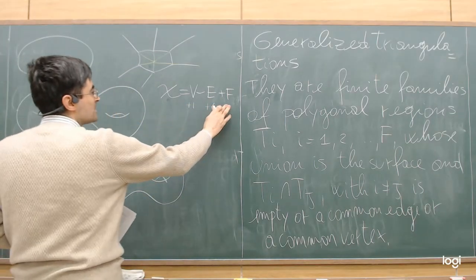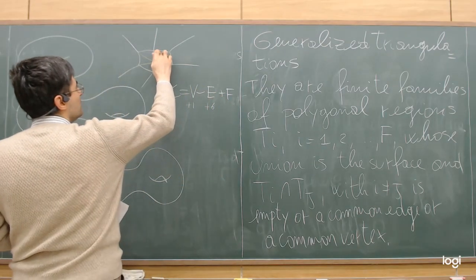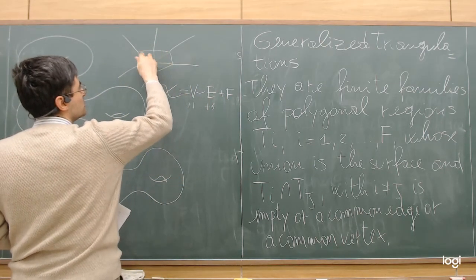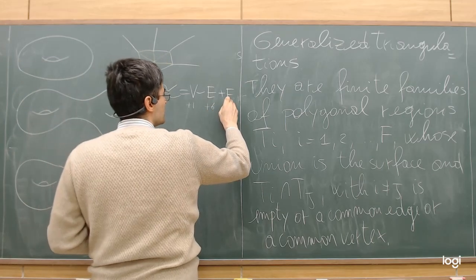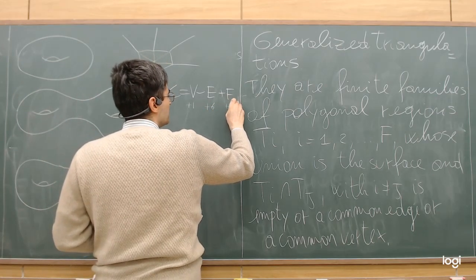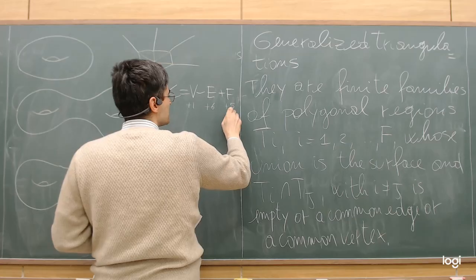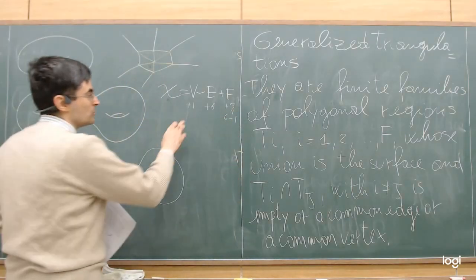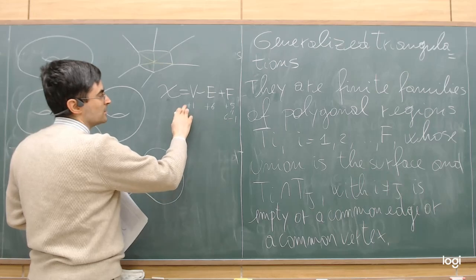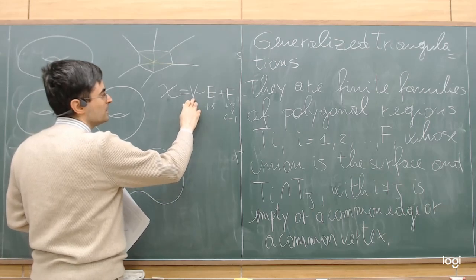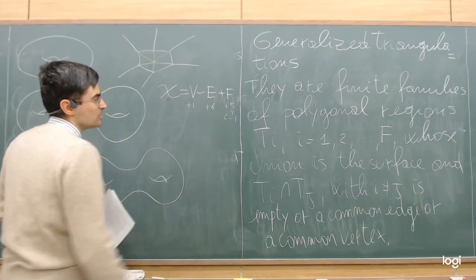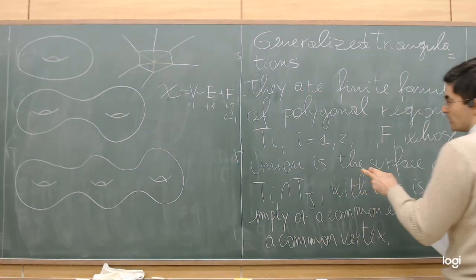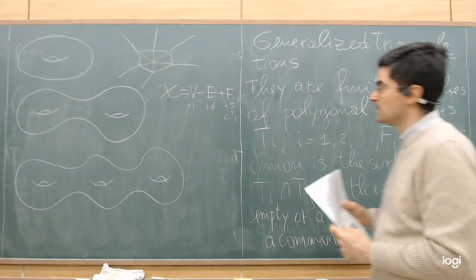And the number of faces increases by 1, 2, 3, 4, 5, 6, minus 1, which was the polygon. So this increases by plus 5, which is 6 minus 1. So it's immediate to see that the quantity V minus E plus F does not change. So this says that instead of using triangles, you can use this kind of polygons.